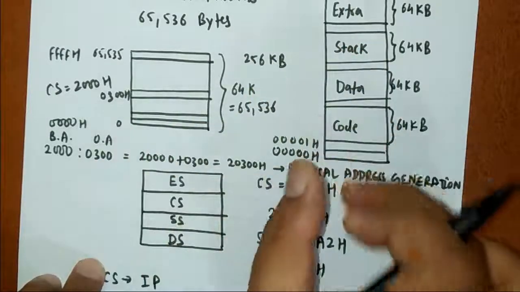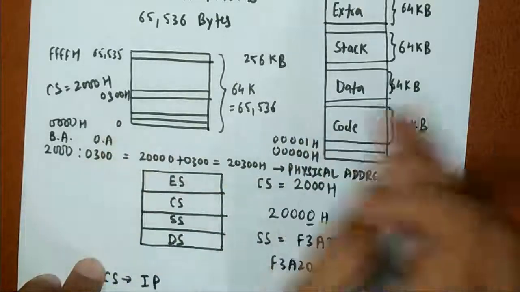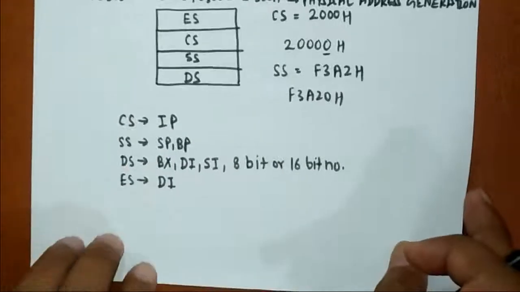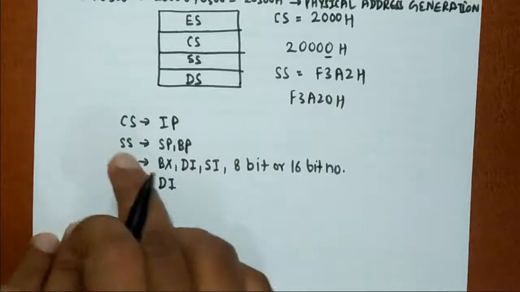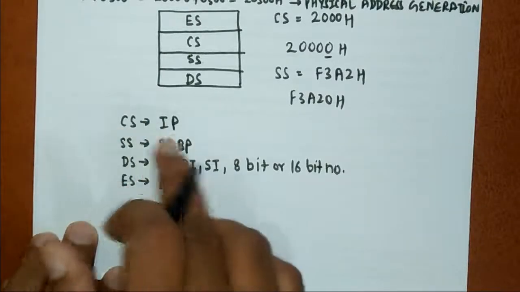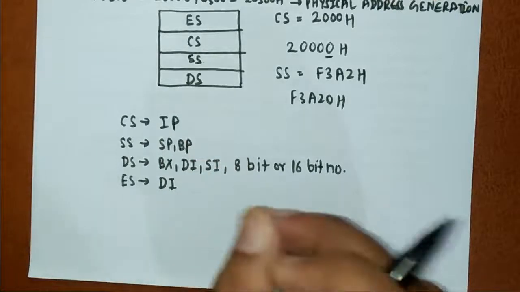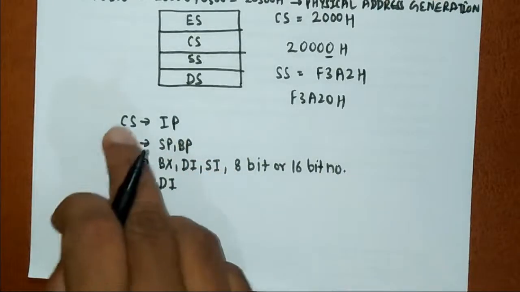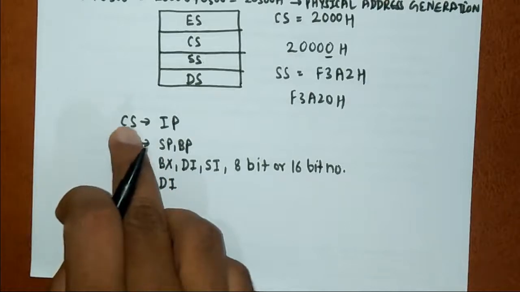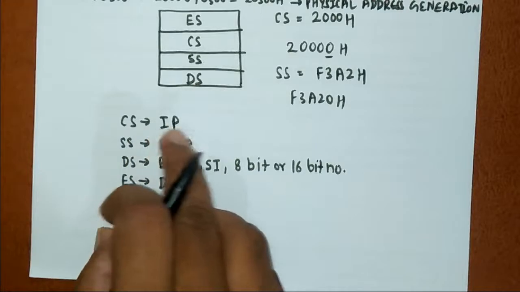That means different registers will be holding the offset address for different segments. You must remember this: for the code segment, you will get the offset address in the instruction pointer. If you want to generate any address in the code segment, then the base address comes from the code segment register and the offset address comes from the instruction pointer register.